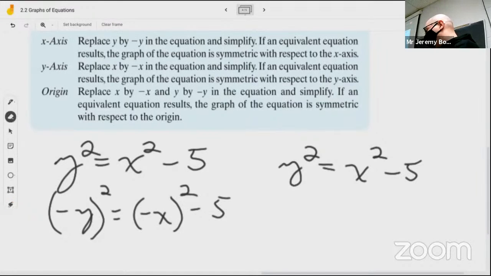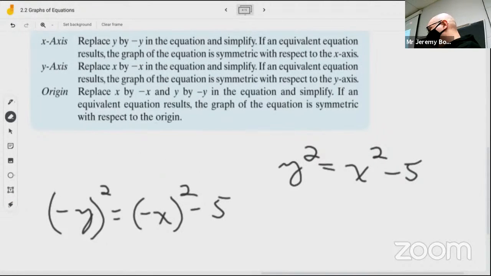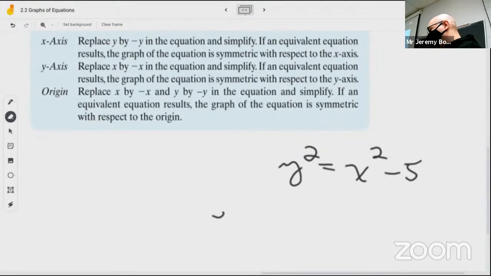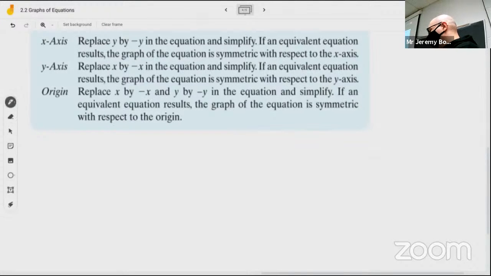I got one more. Let's see. Figure it out. No. So we can't do much of that. So let's use y equals x to the third.